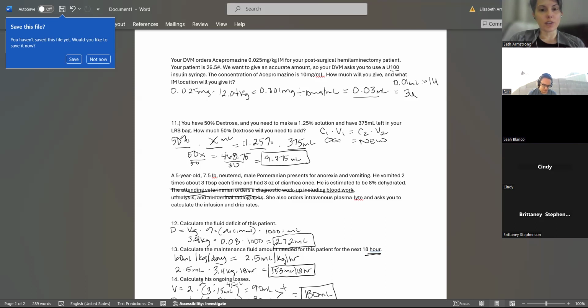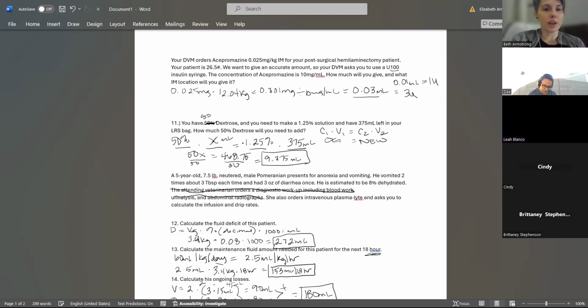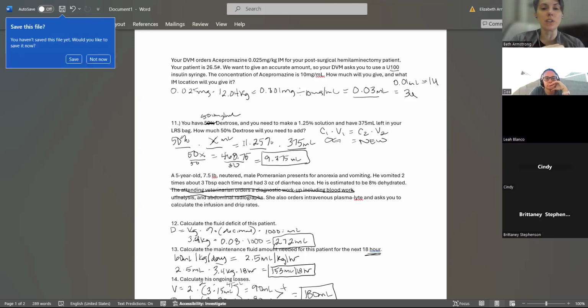So it's up to you. If you want to do it that way, you can. It's just obviously a couple extra steps that you're taking. It's going to be harder, but it's still fine at the end of the day. Like if they would have given you this 500 mgs per mL, if they said, we have dextrose that's 500 mgs per mL and you need to make a 1.25% solution, then you would have to make a choice: do I want to make them match by doing both as a percent, or do I want to make them both mgs per mL and do it that way?